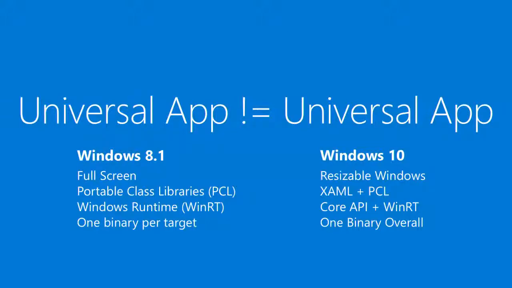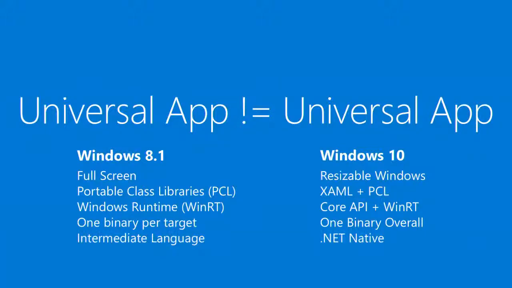One binary per target. Joe, yesterday, if you were at the keynote, spoke a little bit about this. It's one binary that runs on the phone, on the Xbox, on the HoloLens, on the desktop. Where it used to be, you had to compile one for each and push out: here's your phone package, and here's your desktop package, and so on.